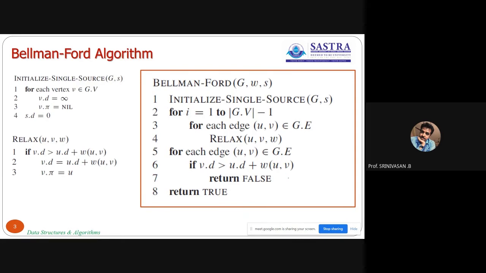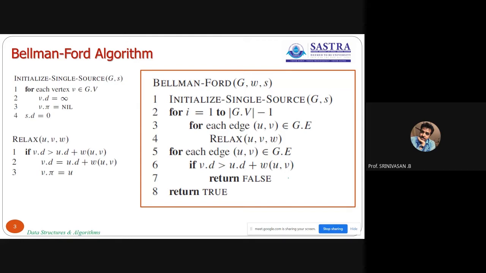As I already told, Bellman Ford is a very simple algorithm if you understand the relaxation function, relaxing the edge. What do you mean by relaxing the edge? Then the algorithm will be simple. Relaxing an edge involves two vertices and one edge. For the two vertices, the shortest distances are already recorded, and the edge cost is given.